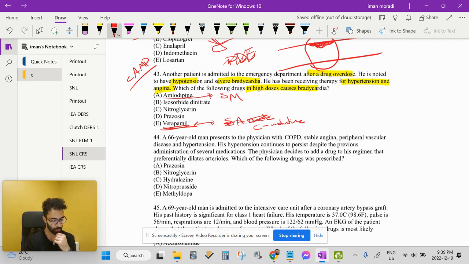So remember this. This is the SA node action potential. It has a slow rise phase and then a fast rise phase, and then goes down. And again, slow rise, then fast rise, then goes down.